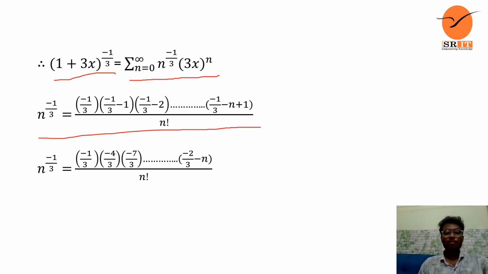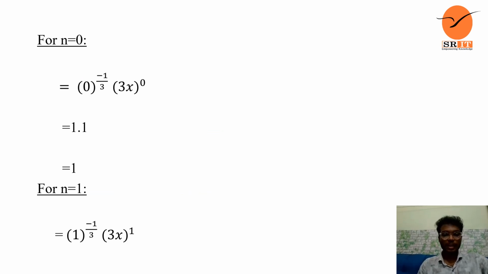And on solving this we get the answer. And later, for n = 0, we just substitute each value of n = 0, n = 1, n = 2. In that way, we substitute each value. If we substitute n = 0, then C(-1/3, 0) is 1 and (3x)^0 is 1. That is, the answer for n = 0 is 1.